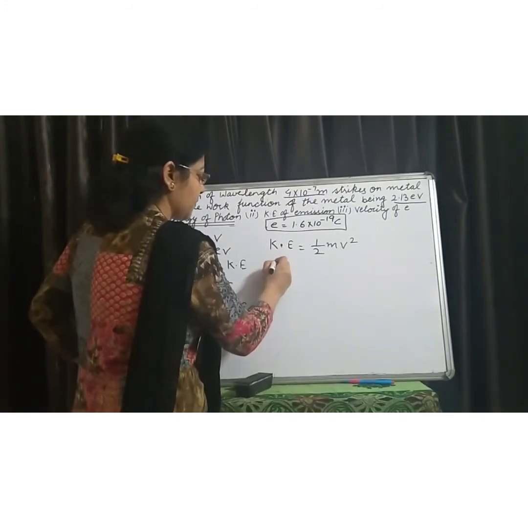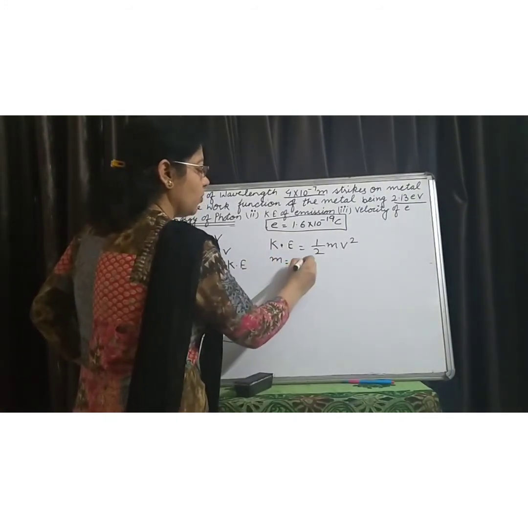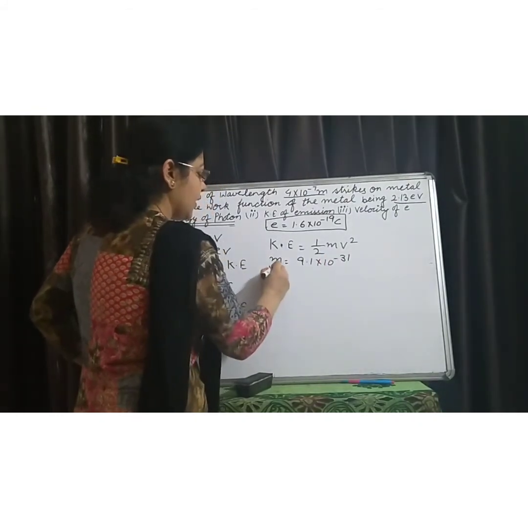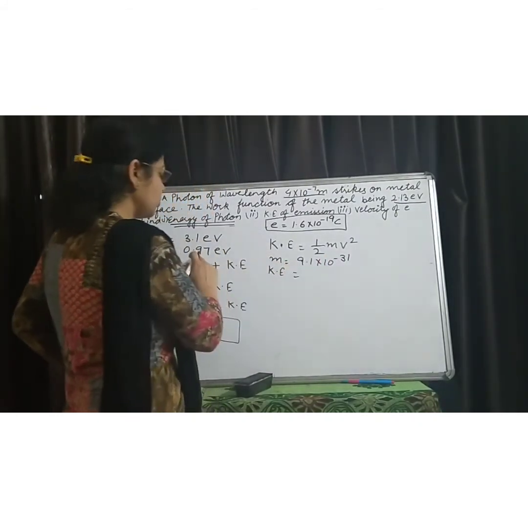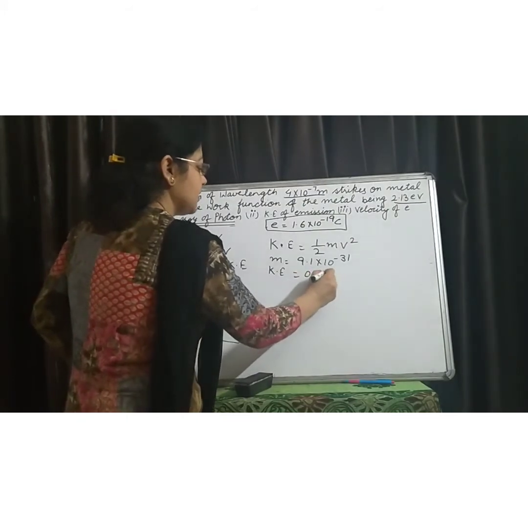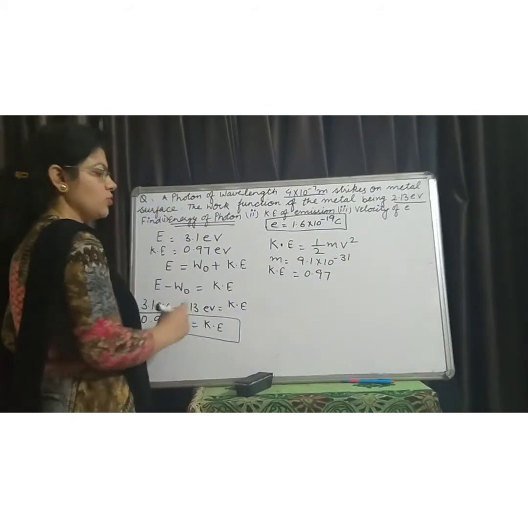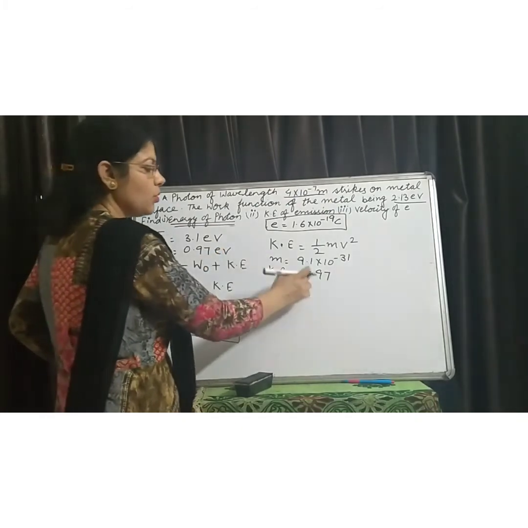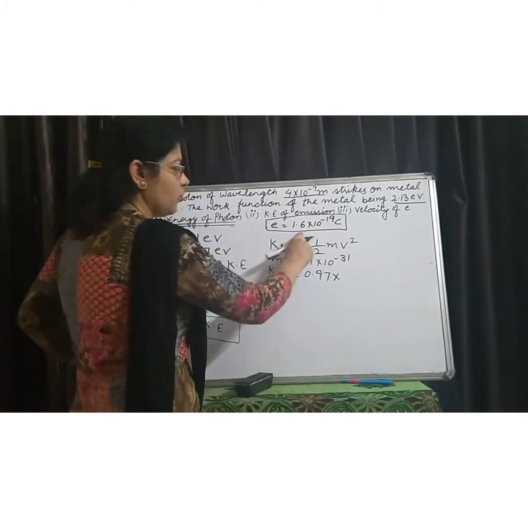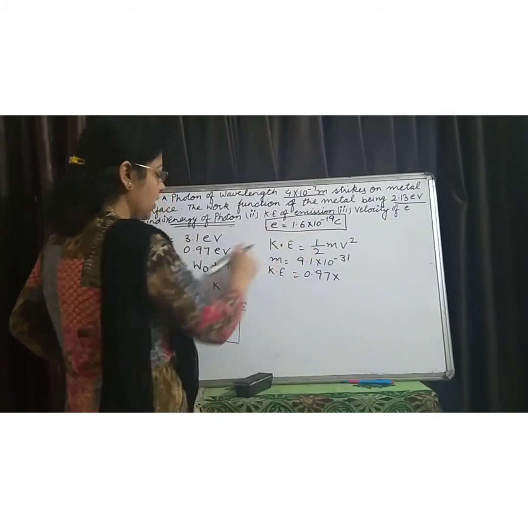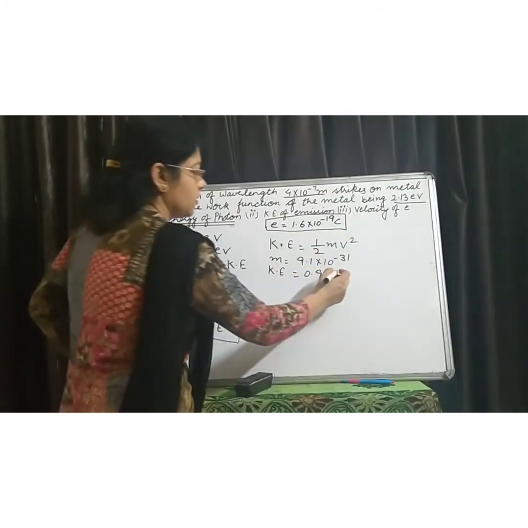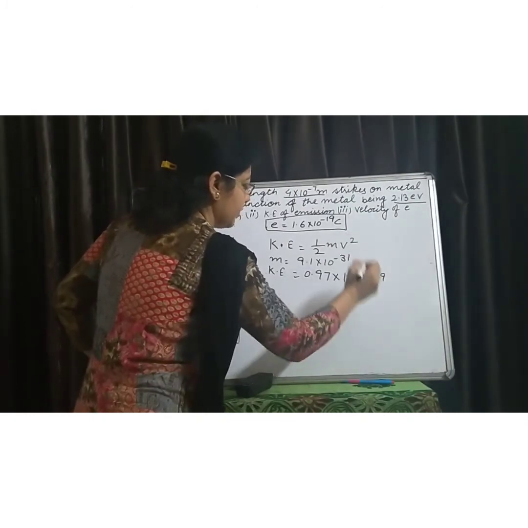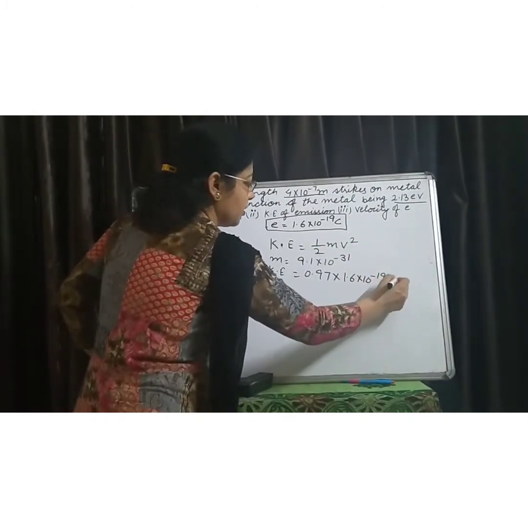Here m is the mass of the electron, that is 9.1 × 10^-31 kg. First of all, we have to convert this electron volt into joule. For this, we multiply by the charge on the electron e, which is 1.6 × 10^-19, and it comes out in joule.